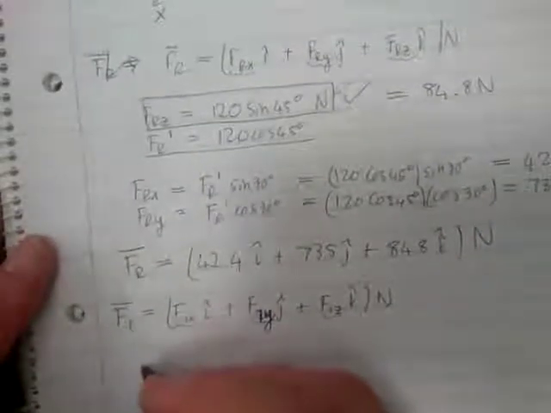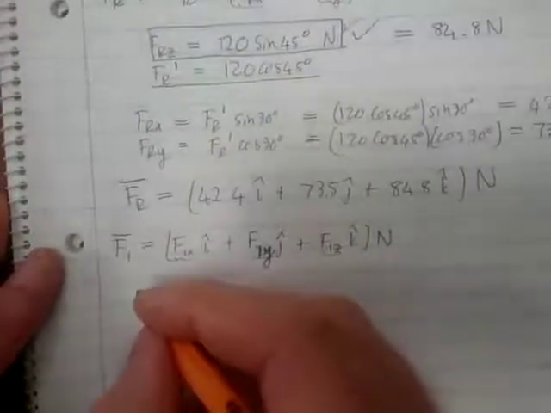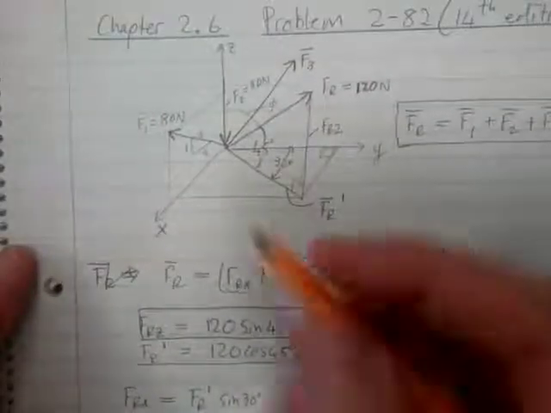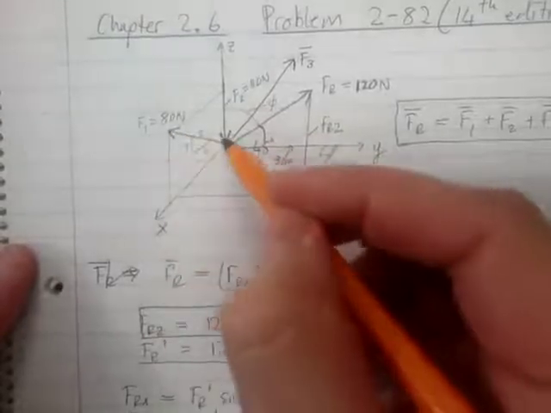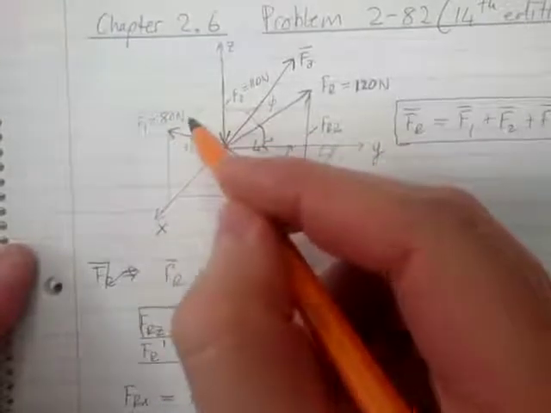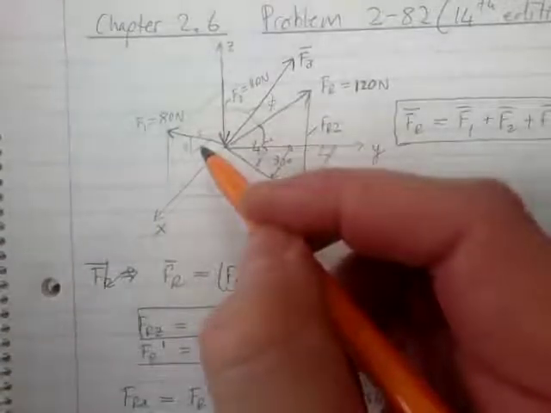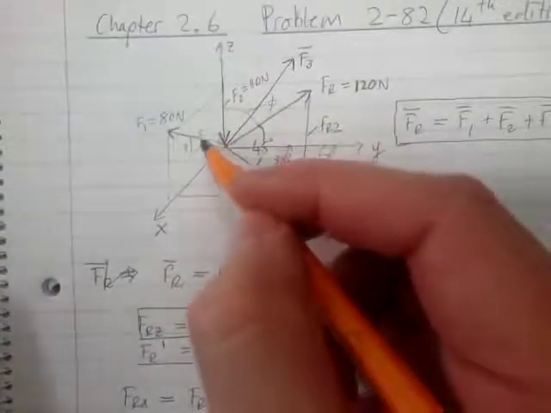So what would F1x be? It would be the magnitude of this line, which is 80, times, let me just see if I've got the diagram correct, yes, times 4 over 5.